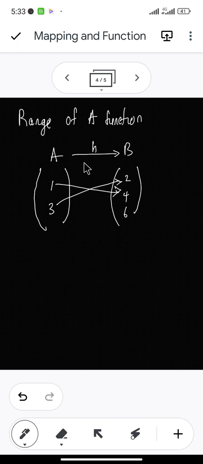Now, the range is just all the images, or all the elements in the codomain that are mapped to something. So the elements here that are mapped to something is just 2 and 4. So the range of h is denoted this way. It writes the function, so we're using h of A. You use the domain. So you state the images, this is 2 and 4 in a set-like manner. Understand?